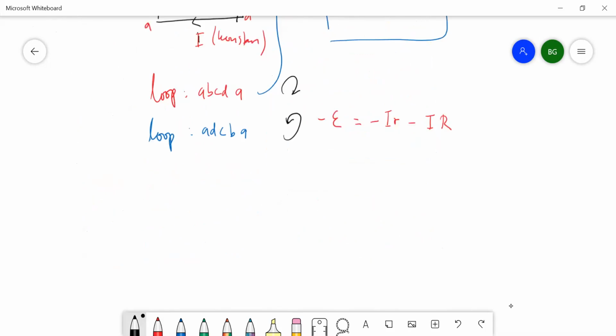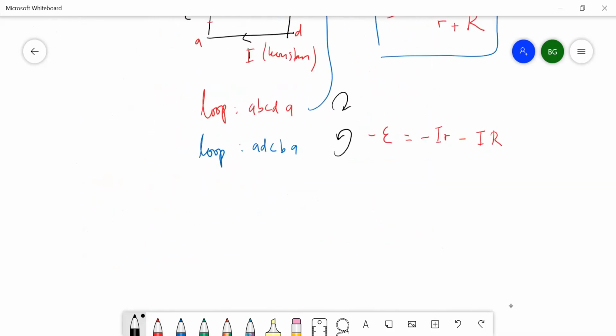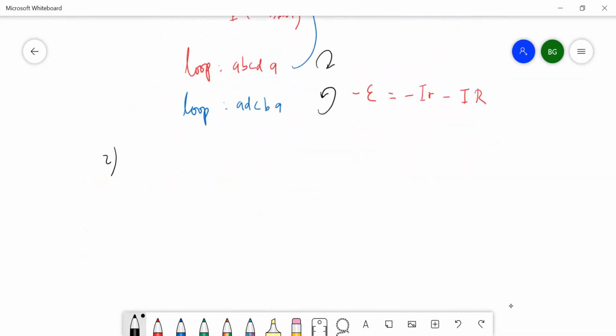Number two, it will be more complicated, like this. For example, we have this one. Sorry, it looks like a capacitor.